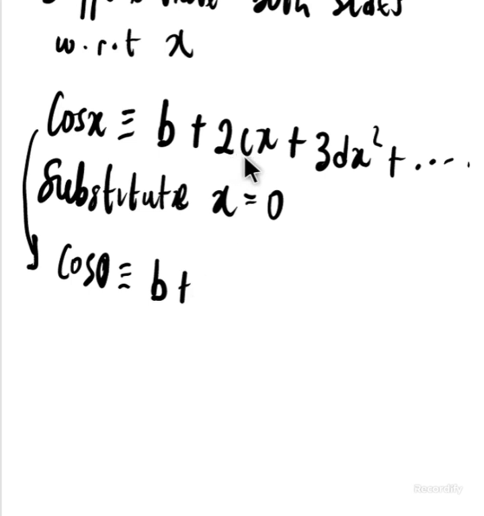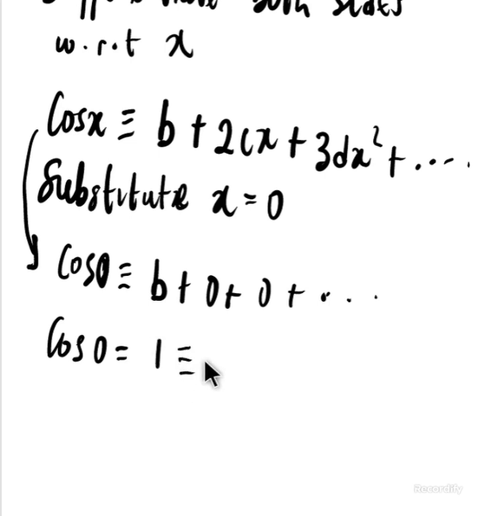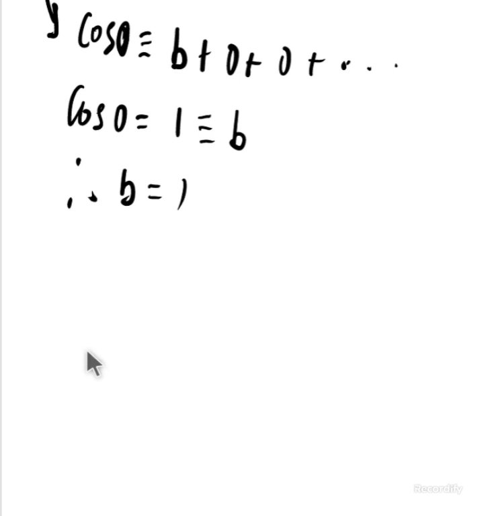Now 2 times c multiplied by 0 will give us 0, and then plus 3 times d times x to the power of 2 will give us 0, plus dot dot dot. Now, what is cos 0? Cos 0 equals 1, which is equivalent to b. Therefore b equals 1. That's cool. b is 1, and then a is 0.